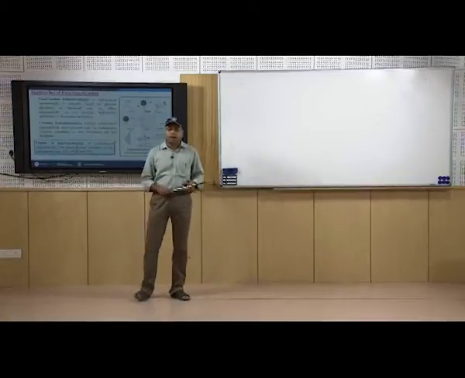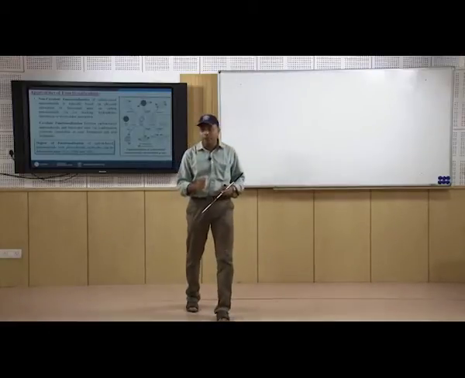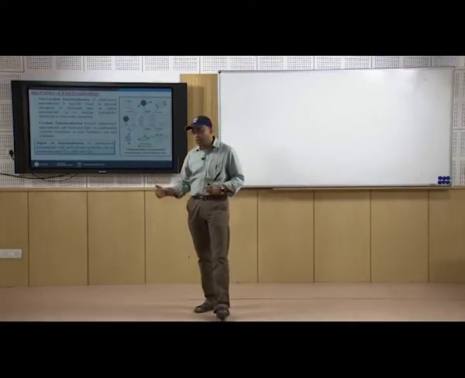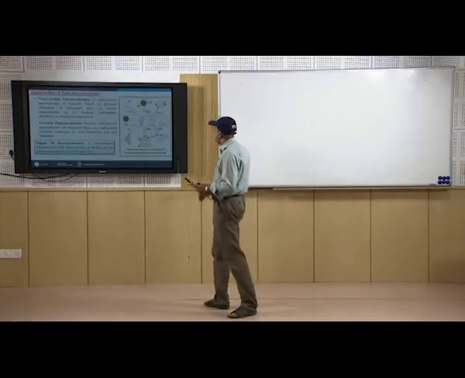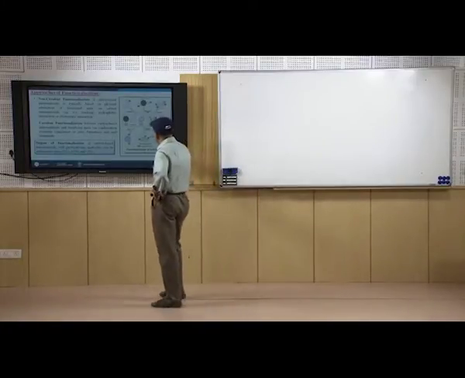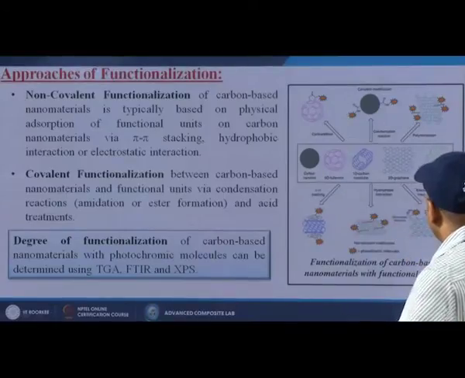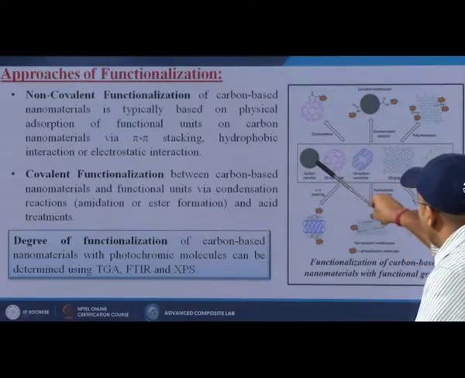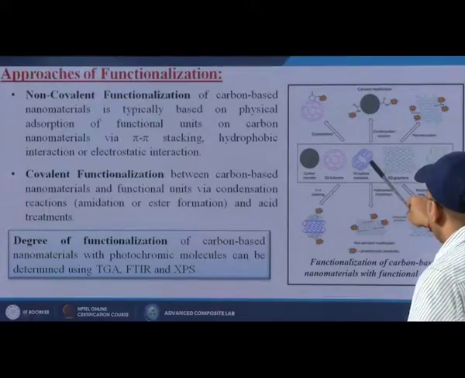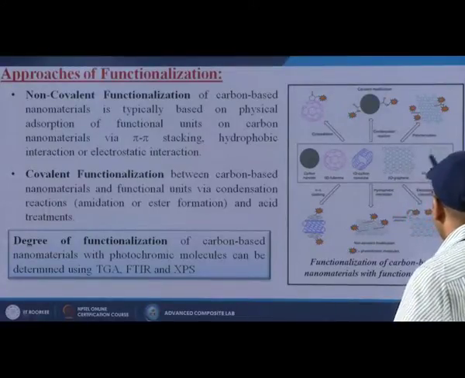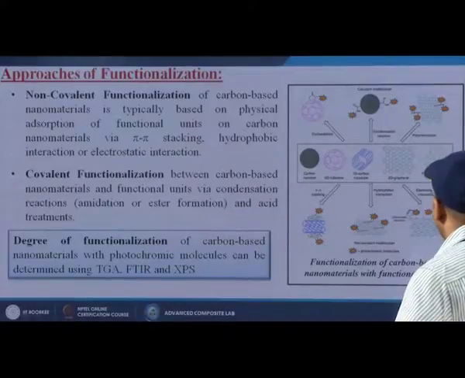So by two methods, the covalent method and the non-covalent method, we can do the functionalization of these kinds of nanoparticles. Here these are all the materials for which we are going to do the functionalization: the carbon nanodot, then the 0D fullerene, 1D carbon nanotubes, 2D graphene sheet and polycyclic aromatic hydrocarbons.